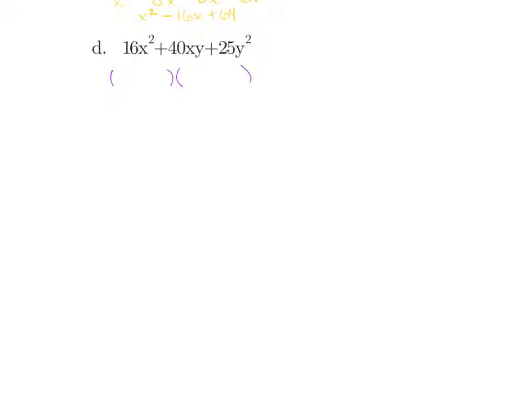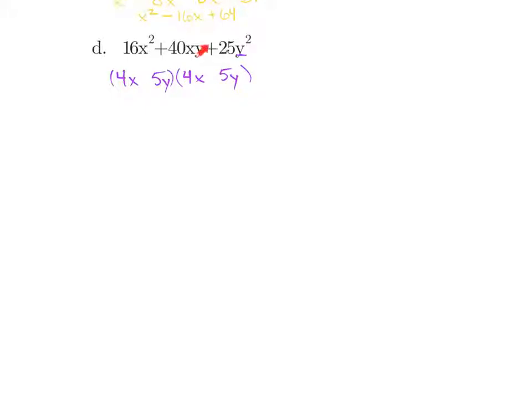What times itself is equal to 16? We should get 4 and 4. I want to put x's with both of those terms. If we come over to the 25, what times itself is equal to 25? We should get 5 and 5. And I want to put a y with each one of those as well.